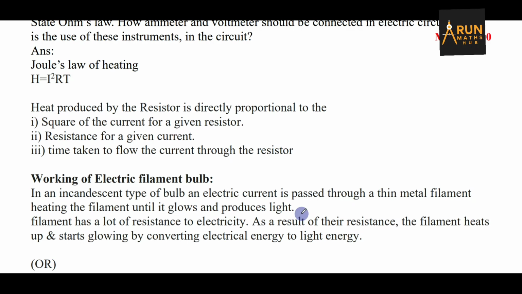After heating up, it produces light. This is the working of an electric filament bulb. Filament has a lot of resistance to electricity. That means it has higher resistivity. As a result of the resistance, the filament heats up and starts glowing by converting electrical energy to light energy.